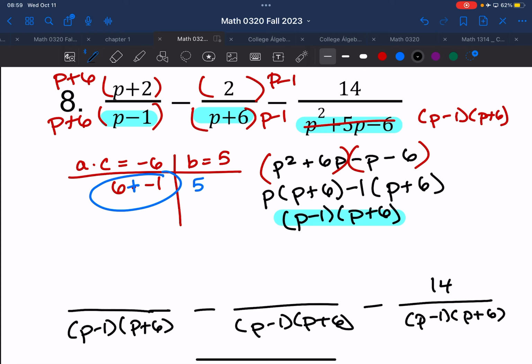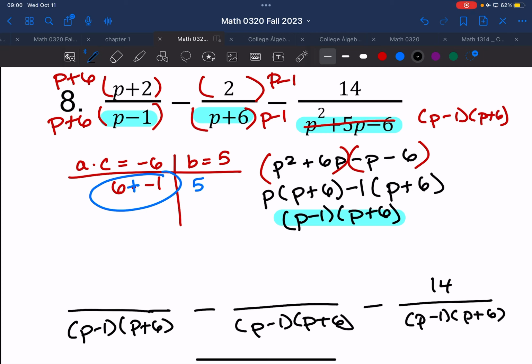So for that first fraction, on the numerator, we have p plus 6 times p plus 2. And am I going to FOIL these or leave them as factors? So we're going to leave them as factors because, remember, we can end up at the end canceling something out if it's already factored.